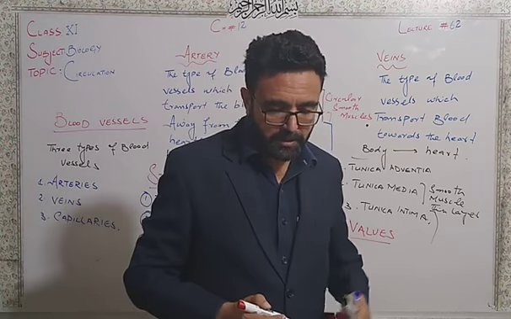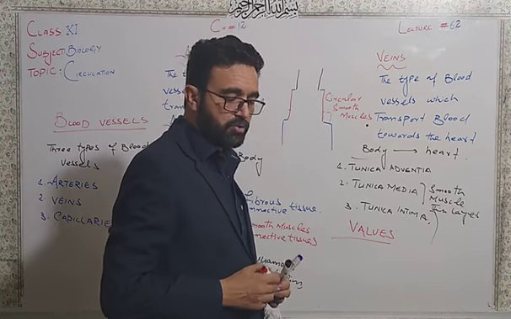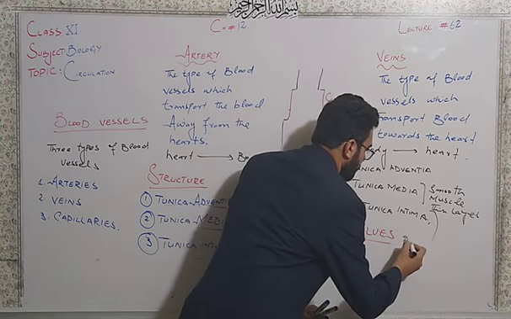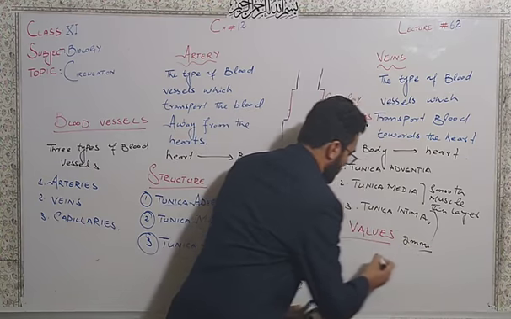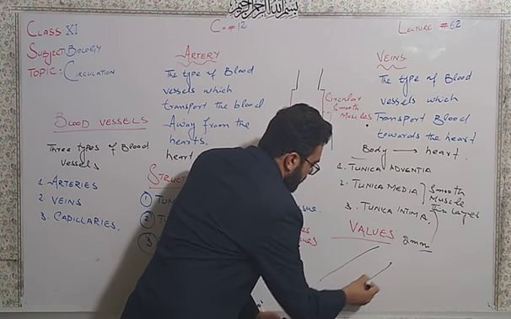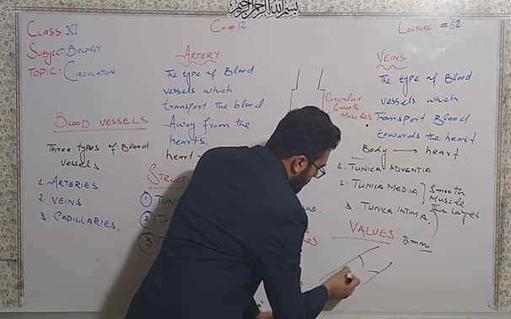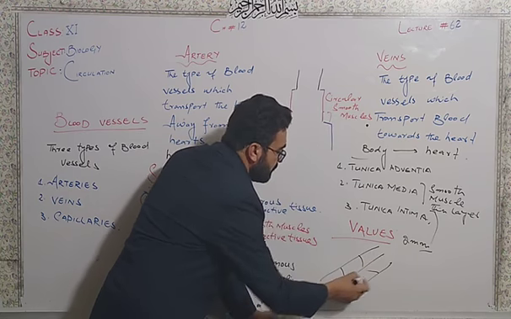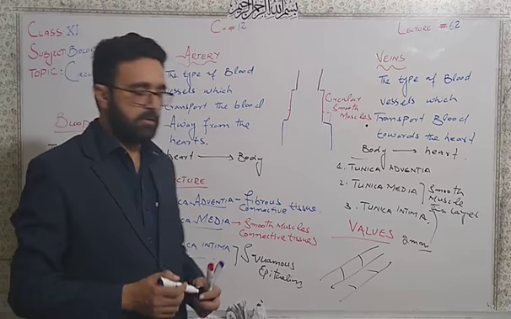Most of the veins whose diameter is more than 2 millimeter have valves, which usually prevent the backflow of the blood.